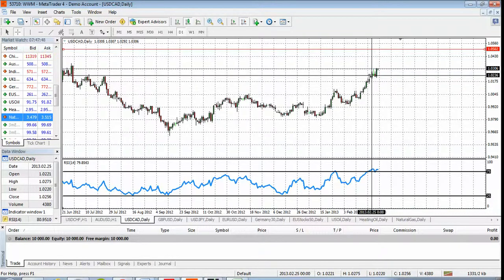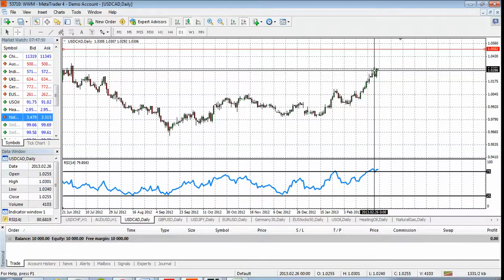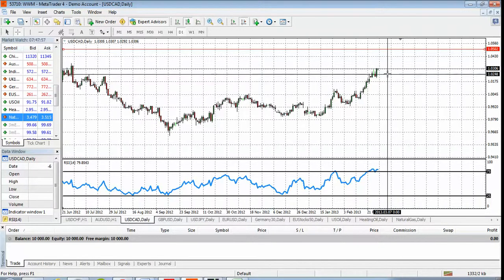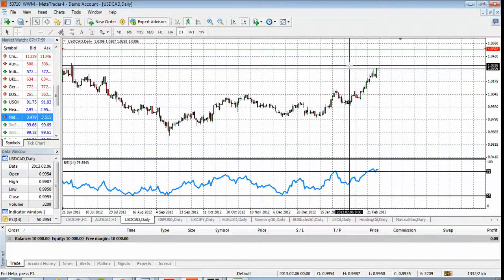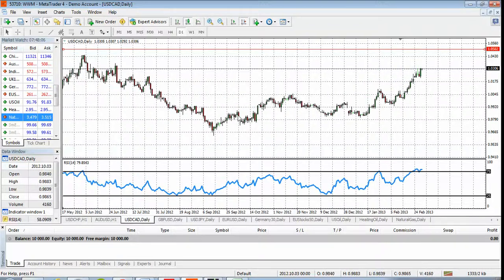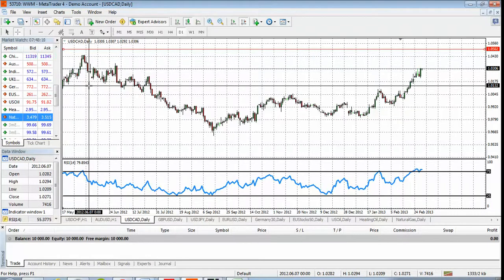Since then, we've continued to push even higher, meaning that if you had shorted, you would currently be down money. But what that means if you haven't shorted is that right now you have a much better price. So if we do break above this 1.0336 level, which is an important level dating back from, we'll say, end of June, early July, and we do possibly push up to around 1.044, this might be an even better spot to short the pair.